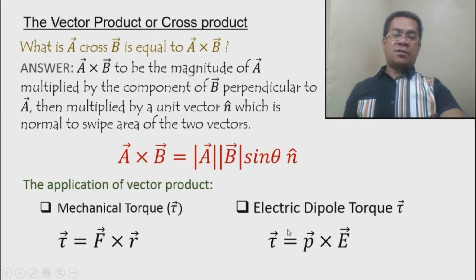So the torque of the electric dipole: P with an arrowhead is the dipole moment, so it is a vector. If we cross the dipole moment with the electric field, E, we get the torque of the electric dipole. And there are lots of applications of the cross product, so we need to study the cross product.